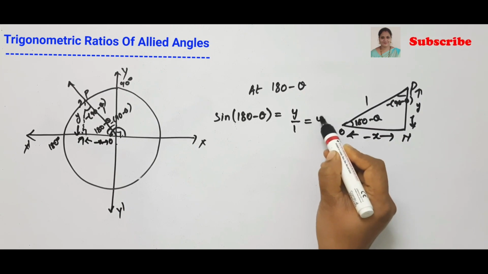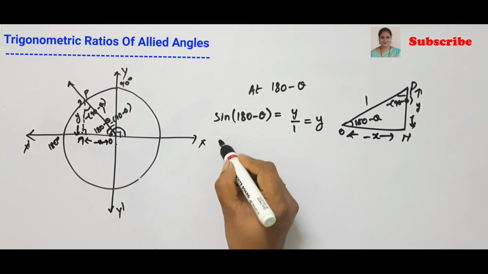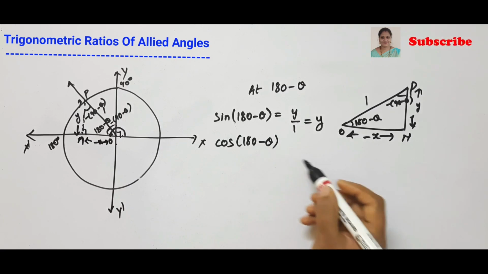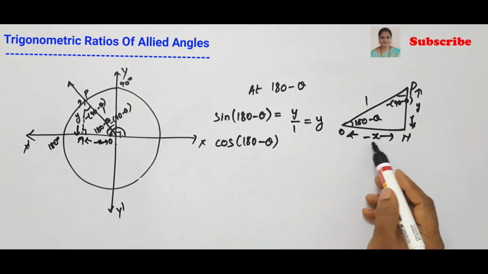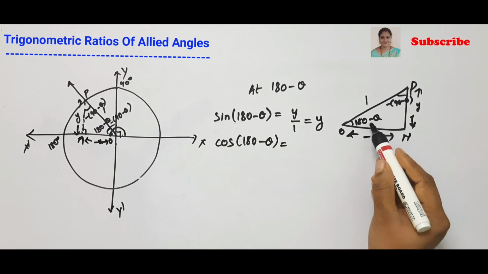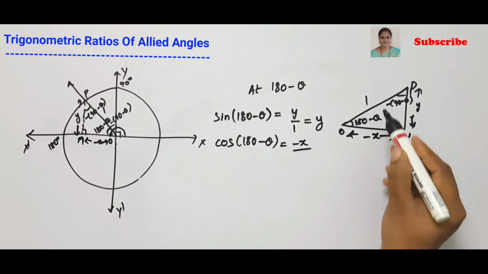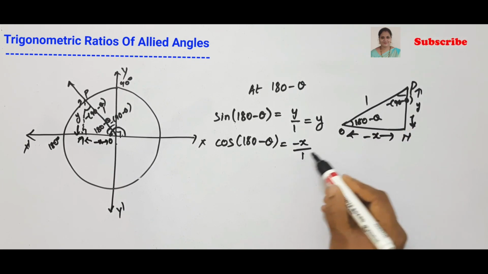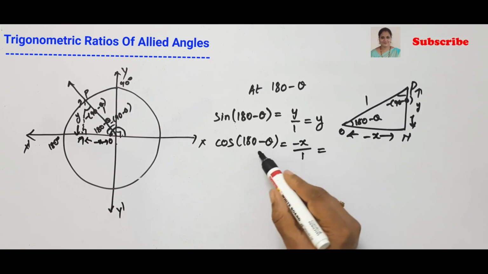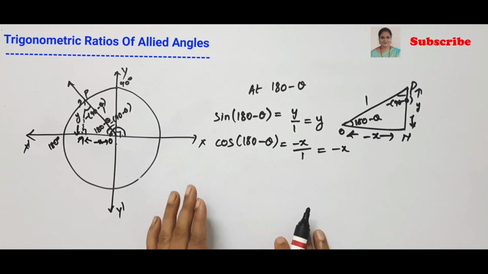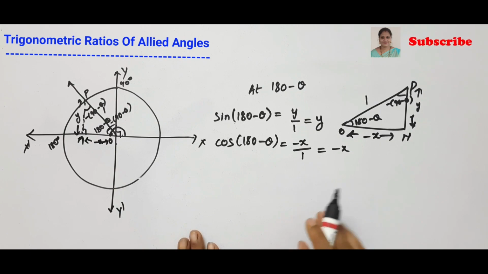So this is equal to y. Cos of 180 minus theta means the adjacent side to angle 180 minus theta, which is minus x, by hypotenuse. Hypotenuse is 1. So we got cos of 180 minus theta as minus x. So sine of 180 minus theta is y and cos of 180 minus theta is minus x.